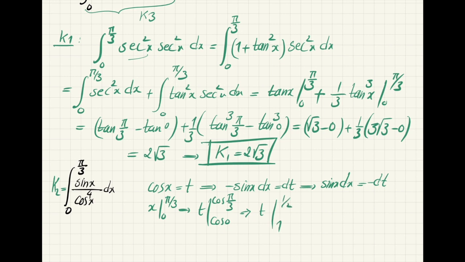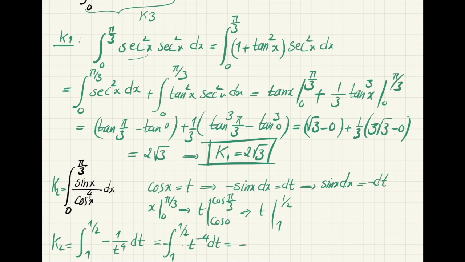So k2 becomes the integral from 1 to 1/2. Instead of sine x dx, I can simply put minus dt, and instead of cosine to the power of 4, I can put t to the 4. So then it becomes minus 1 over t to the 4 dt, which can be written as the integral from 1 to 1 over 2 of minus t to the power of minus 4 dt.